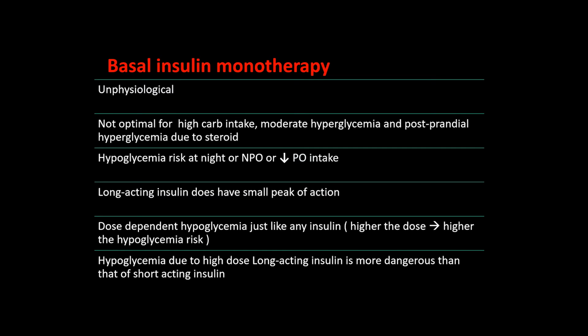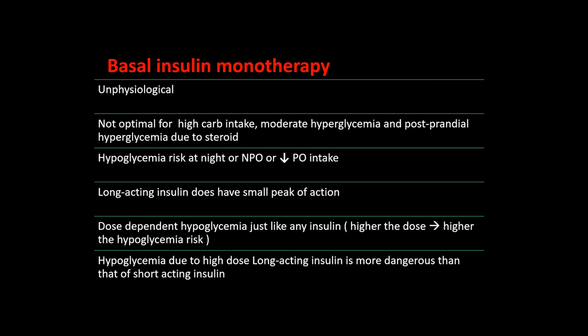Because if you get an overdose of long-acting insulin, you cannot keep eating, and then you go to bed. Let's say you took 100 units of long-acting insulin, or 50, and it lingers for 24 hours. It might linger longer in kidney failure or in the elderly. Those patients you have to admit to the hospital, and you might have to start a D10 drip or monitor closely with finger sticks every 2-3 hours.